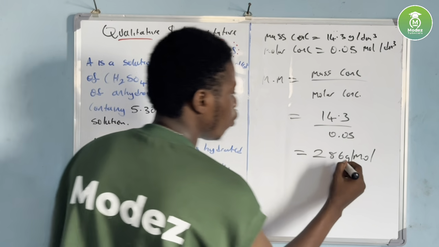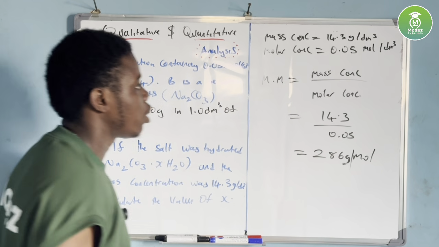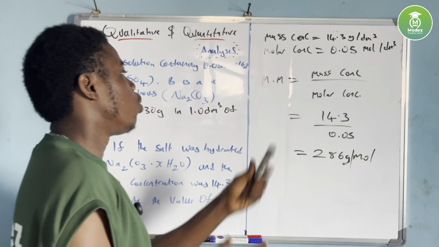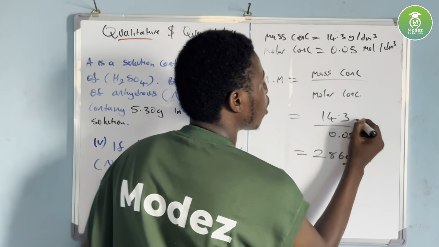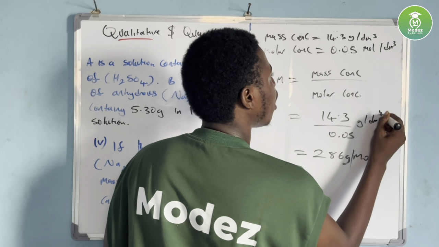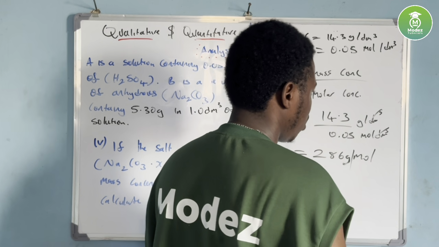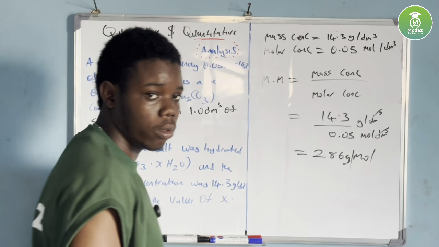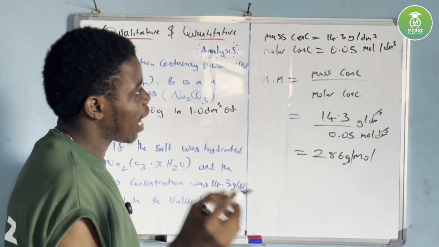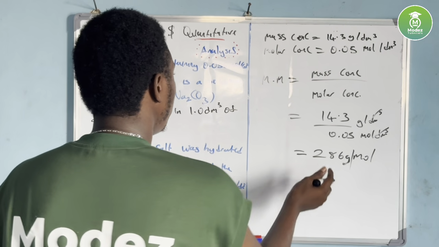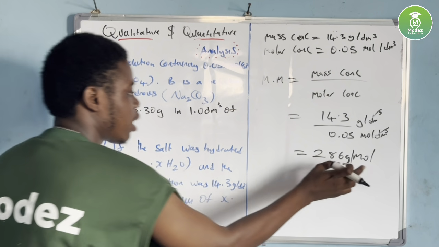Please, gram per mole. Do you get it? Molar mass is gram per mole. This is gram per dm cube, and this is mole per dm cube, so this basically cancels this, giving you gram per mole. Do you get it? Don't forget, I told you that we have to equate this to this.